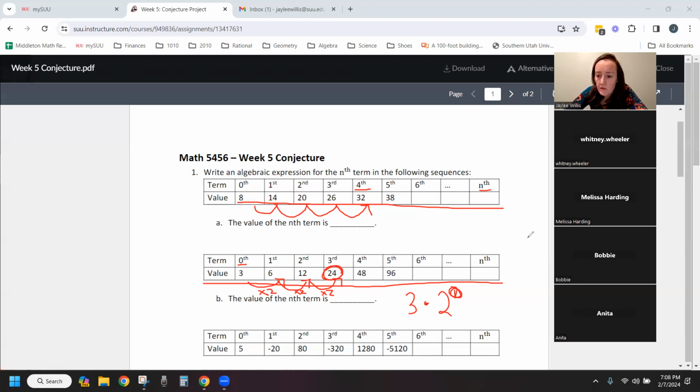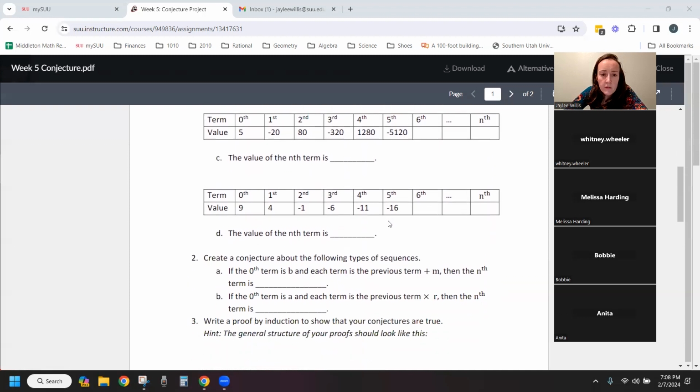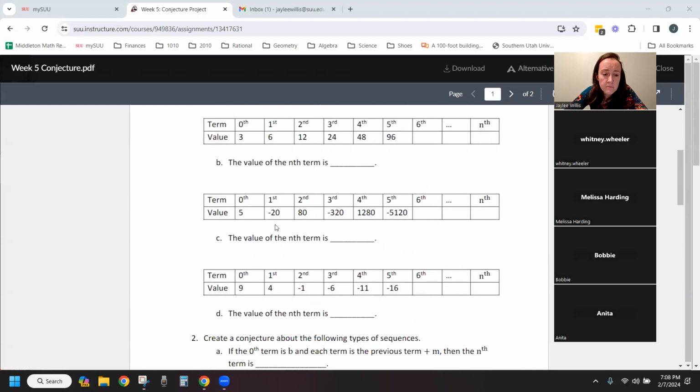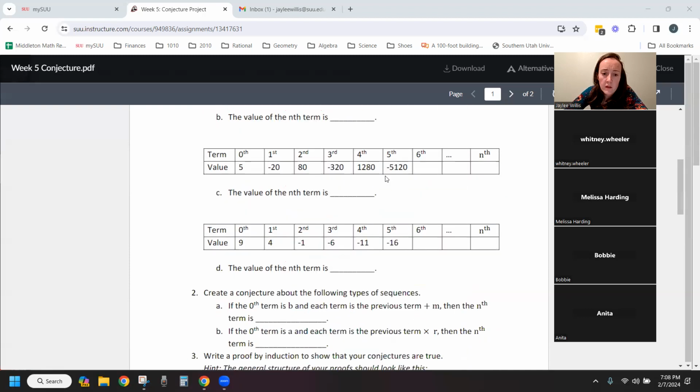Then let's keep going. So I'll clear these drawings that we've got so far. Let's go down to these ones. So in this third table, the one with 5, -20, 80, and so on, what is the pattern that you guys notice on that one?